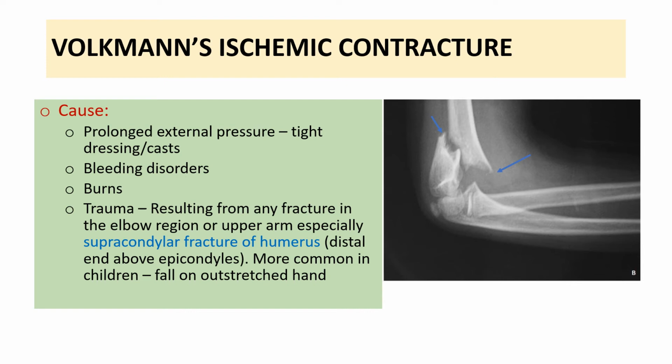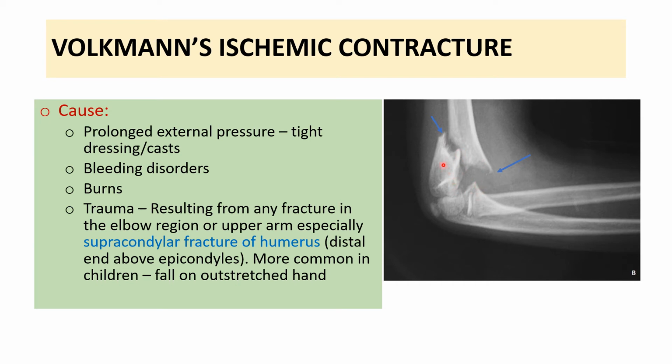So the trauma results from fracture in the elbow region or upper arm, especially the supracondylar fracture of the humerus, that is the fracture of humerus near its distal end above the epicondyles. You can see in this lower picture. So the fracture of the distal end of humerus, we are dividing it into two fragments.